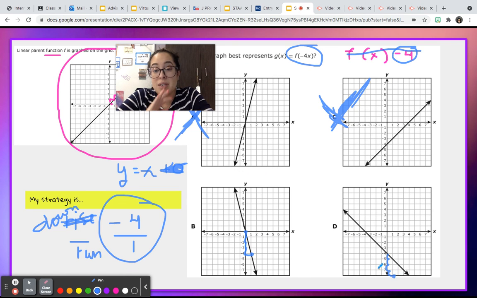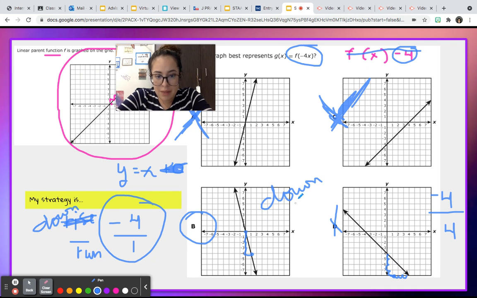See, this missed the mark. This has a different slope because it goes down 4 for sure, but then it runs 1, 2, 3, 4 units across. This is the wrong slope. Letter B has a correct slope because it's going down. That means it's a negative slope. That's what I wanted.